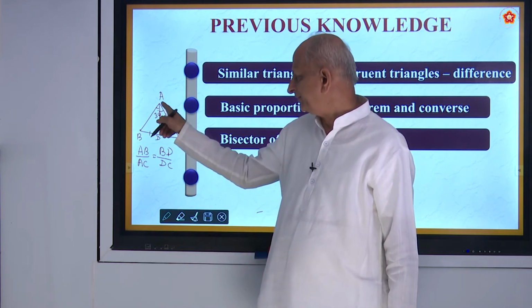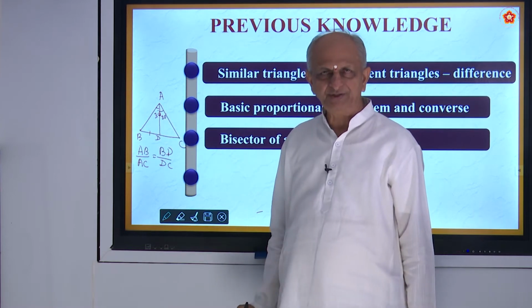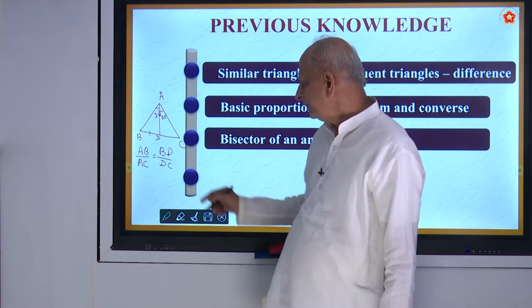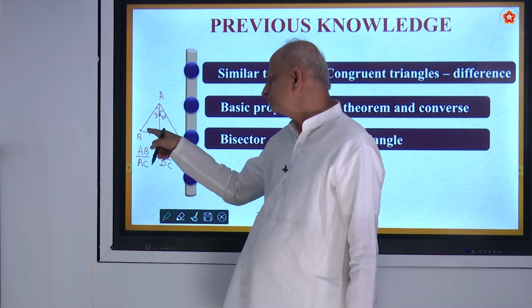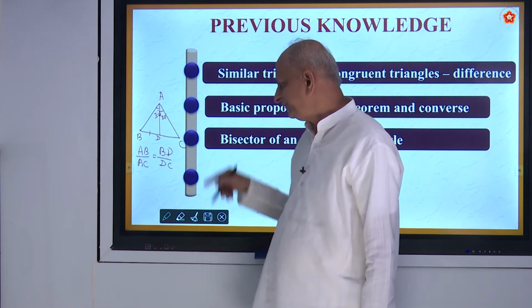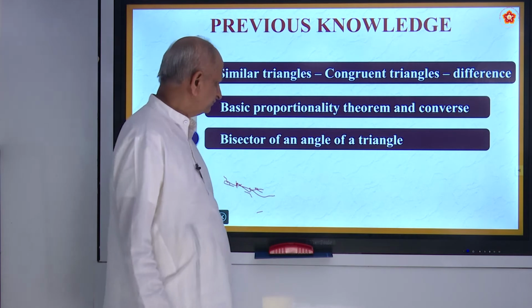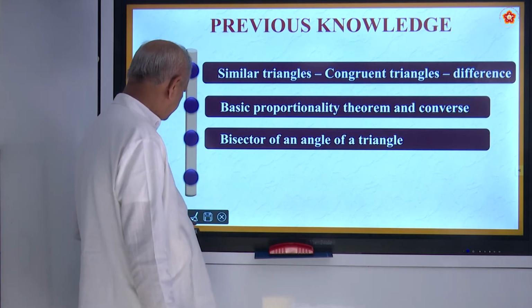And what happens if a bisector is drawn? AB by AC, the ratio of the sides of the triangle, is proportional to the segments formed by the bisector, BD by DC. That is what is called the bisector property of a triangle.